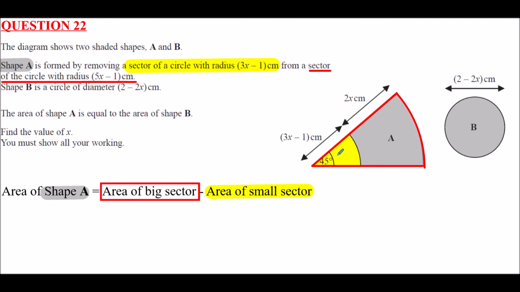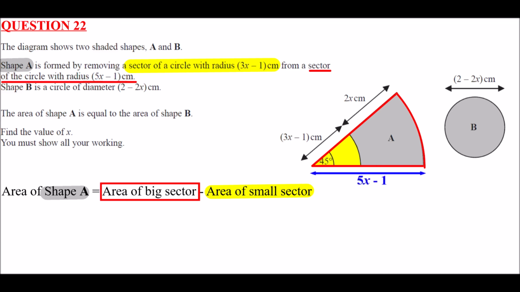So that's what we've got there. So the area of shape A is the area of the whole thing minus the area of the small sector. And like the question says, the large sector has radius 5x minus 1.